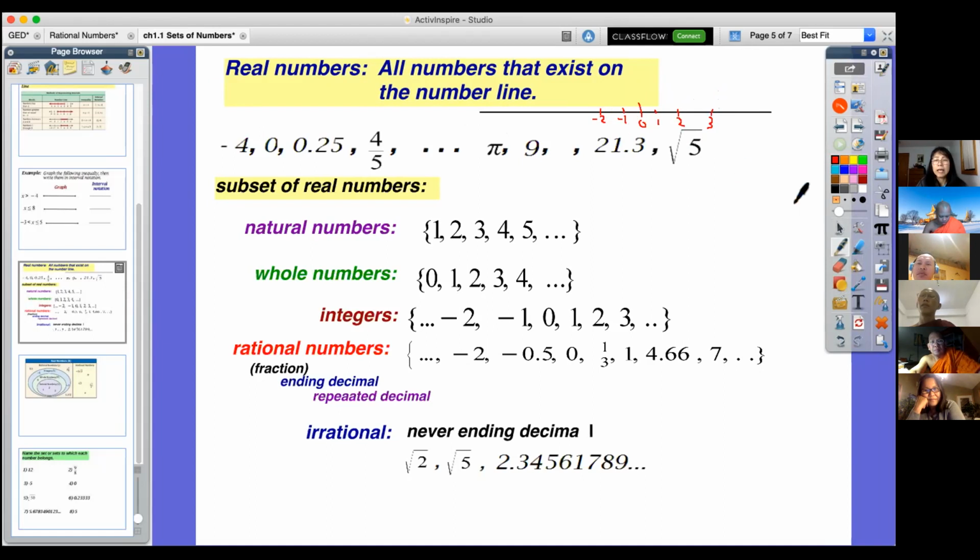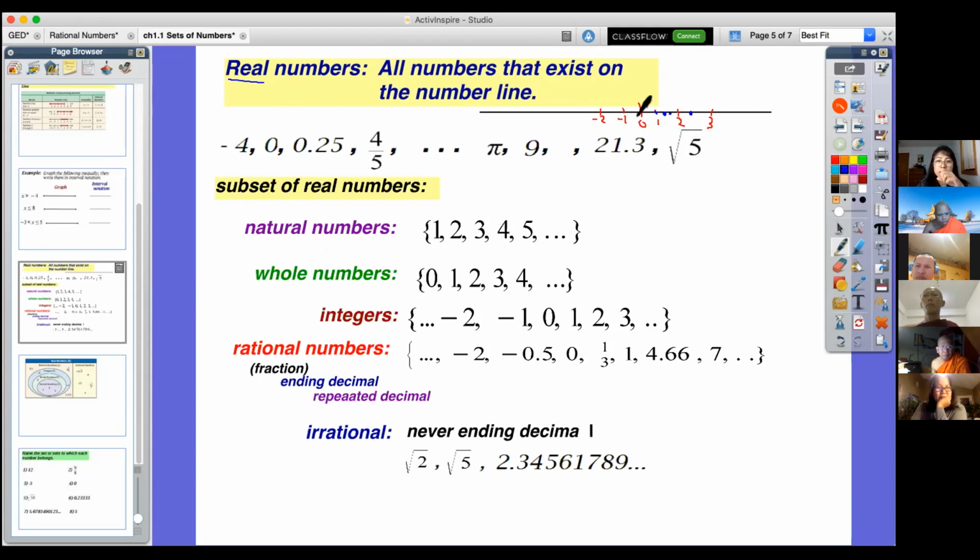And in between each of these, you're going to have 1.5, 1.8, 2.3, and then some irrational number in between. All the numbers you can think of that exist on a number line, we call those real numbers, and for real numbers, we divide into 5 sets.